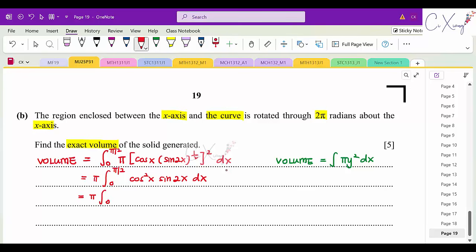What I am going to do now is, I feel like I want to make the double angle sine 2x become single. So what's the double angle formula for sine 2x? Again, sine 2x is equal to 2 sine x cos x.